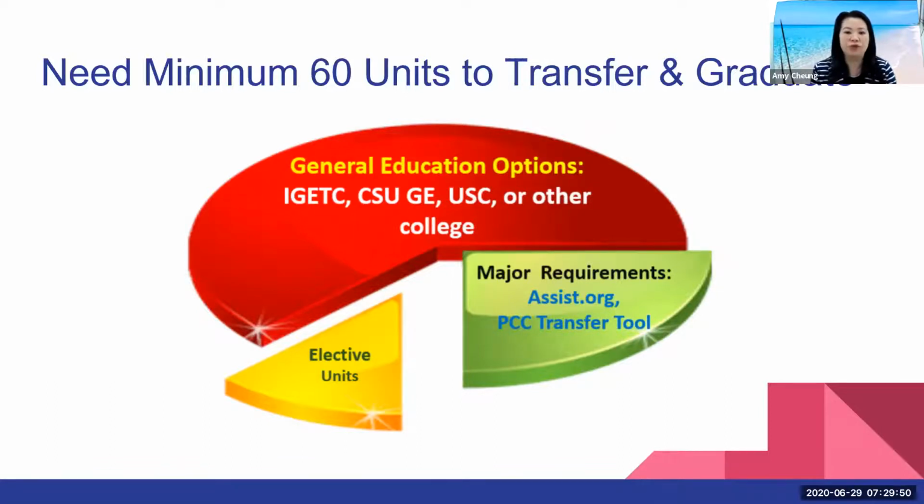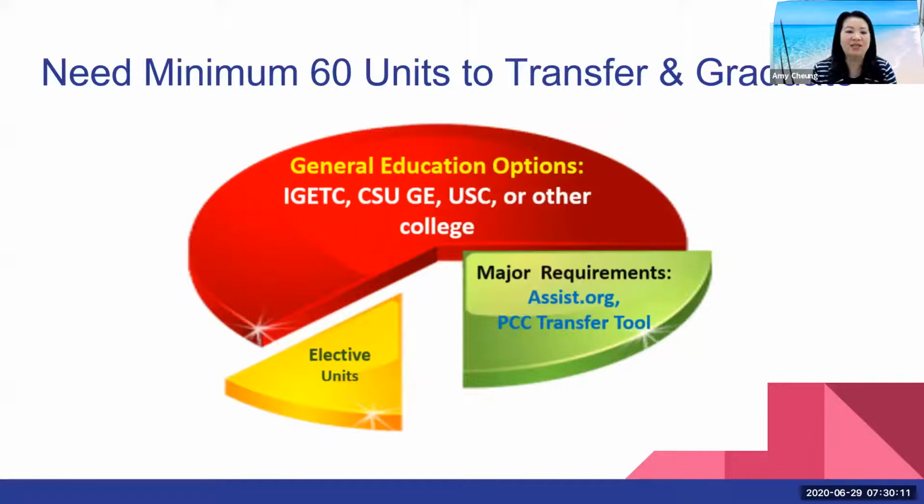But sometimes students pick majors that do not have a lot of major prep requirements. Let's say you pick a geography major. Geography major doesn't have a lot of major required units. Let's say by the time you finish all the major required courses, it's only 9 units. So 40 plus 9 is not equal to 60 yet.